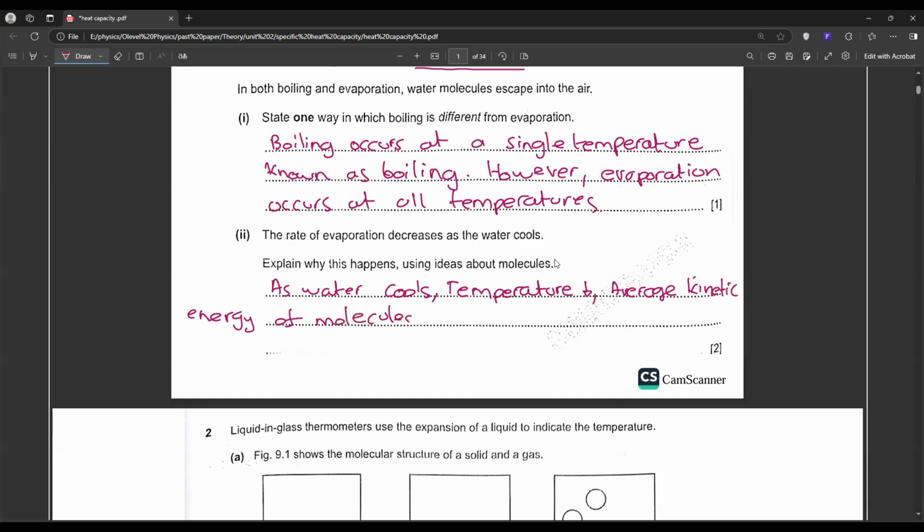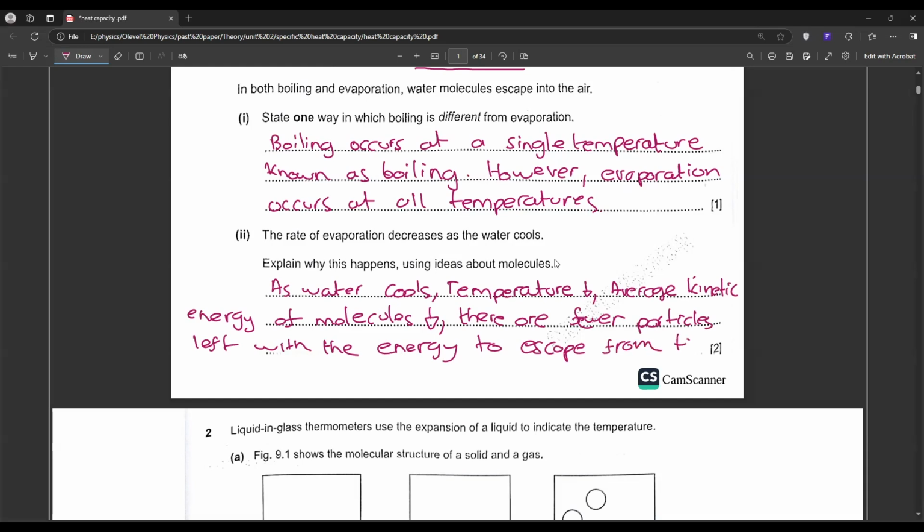And as average kinetic energy of molecules decreases, what will happen? There are fewer particles or molecules left with the energy to escape from the surface. Simple as that, nothing complicated.